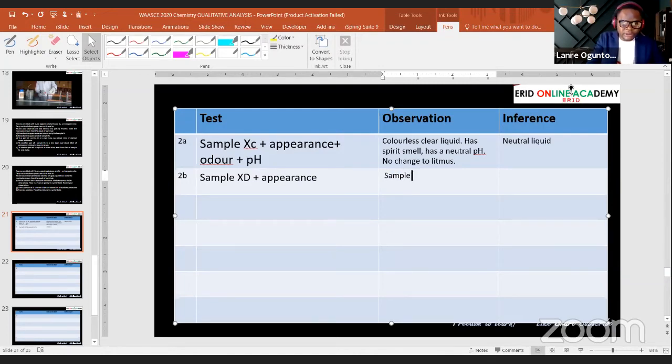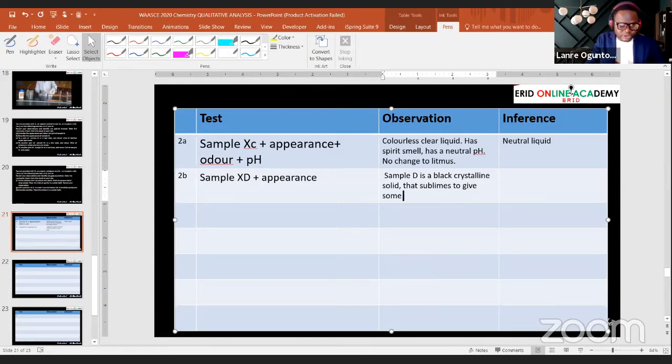Sample D is a black crystalline solid that sublimes to give some proper vapor. Yeah, you will see that.